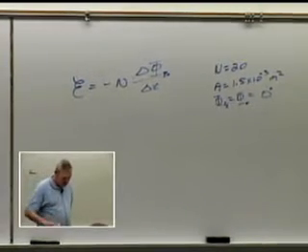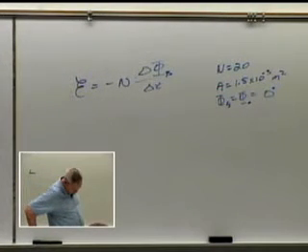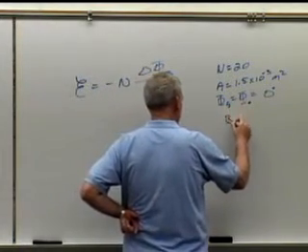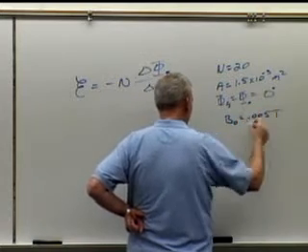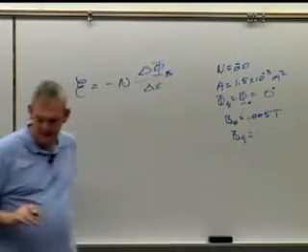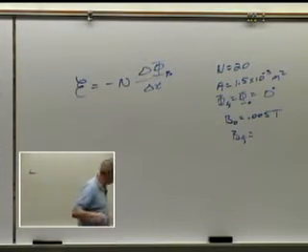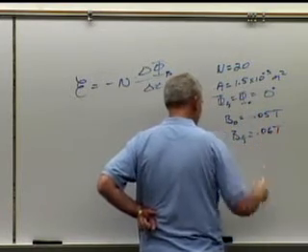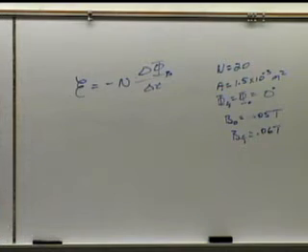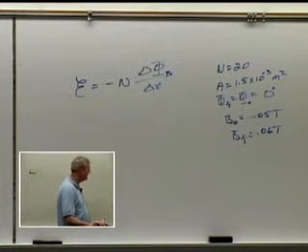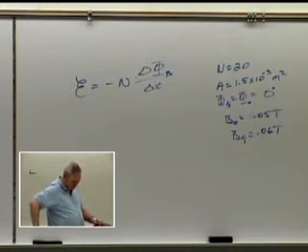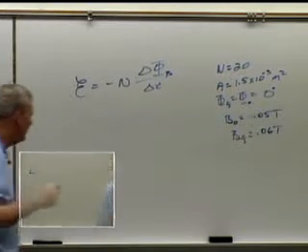B naught is equal to 0.005 Teslas, and B final is equal to 0.06 Teslas. What's the voltage? That's what they want us to find out: the average EMF induced in the coil during this time. And delta T equals 0.1 seconds.